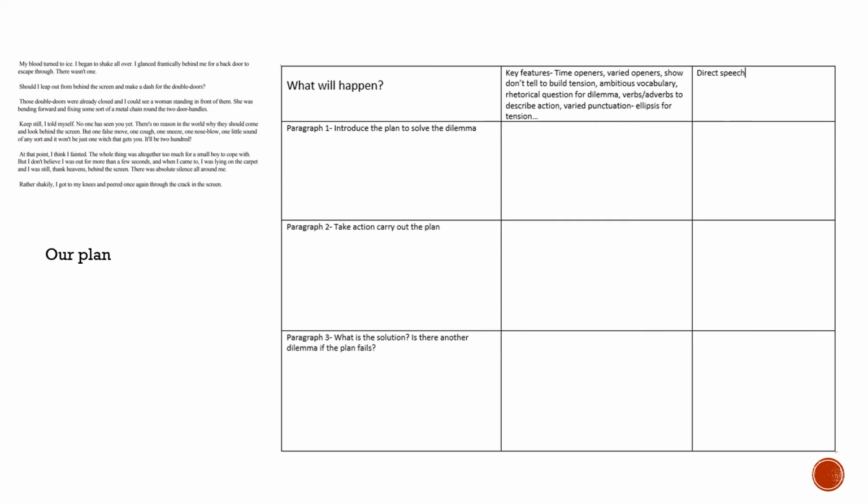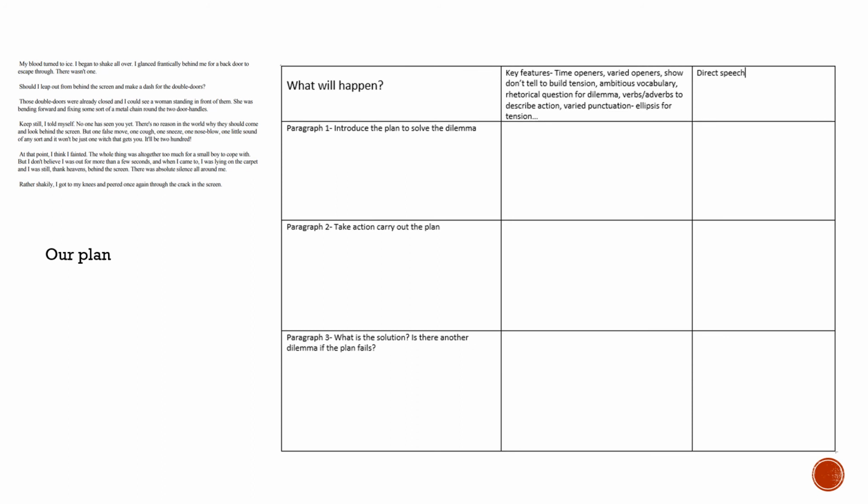You could also use the internet or a thesaurus if you've got one, or if you're in school, to try and up level your vocabulary. We're going to add some rhetorical questions, especially if you're doing a dilemma ending, so you're creating another dilemma. You could use a rhetorical question for that. Verbs and adverbs to describe the action. So remember our adverbs, if someone's heart's racing frantically, we can work out from that that they are scared, so try and add those in there.